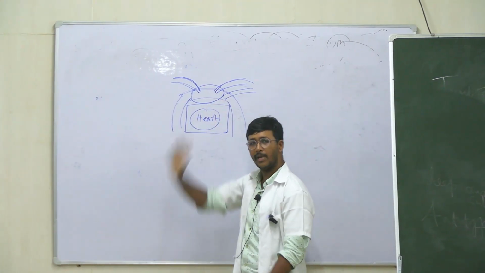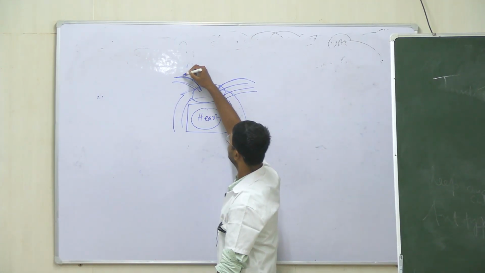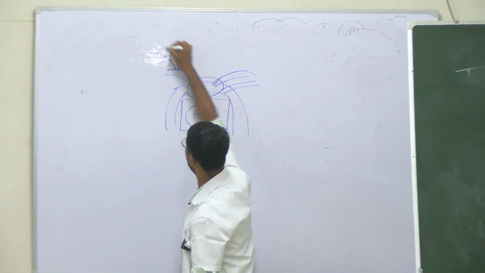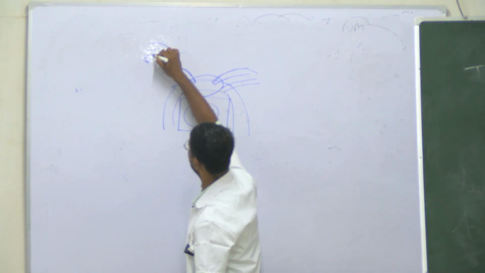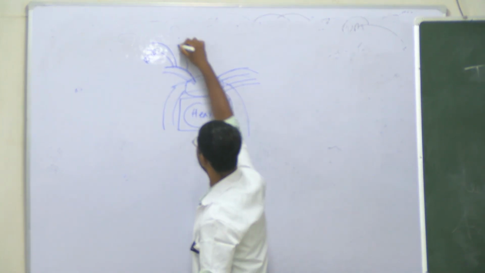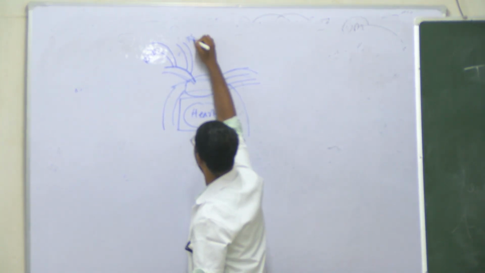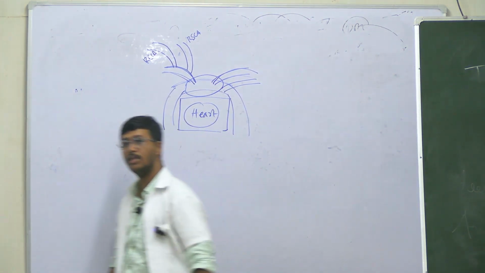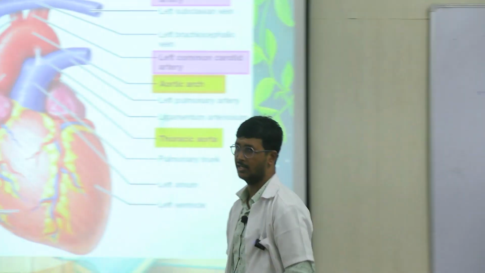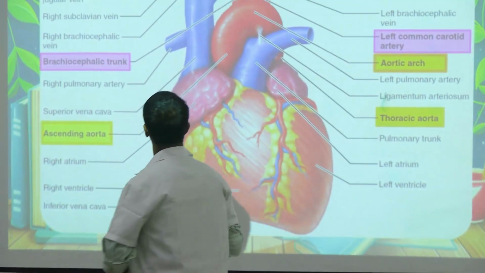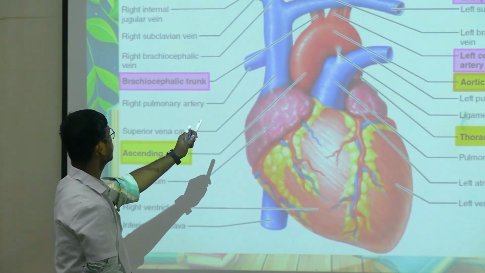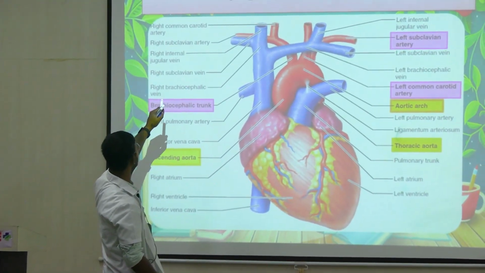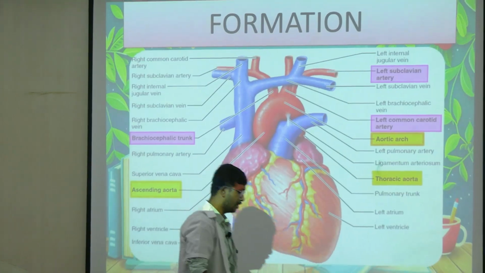From this right brachiocephalic trunk come your right common carotid artery and your right subclavian artery. These two arteries originate from your brachiocephalic trunk, as you can also see in this picture.